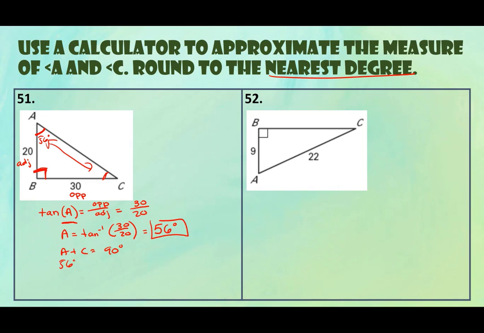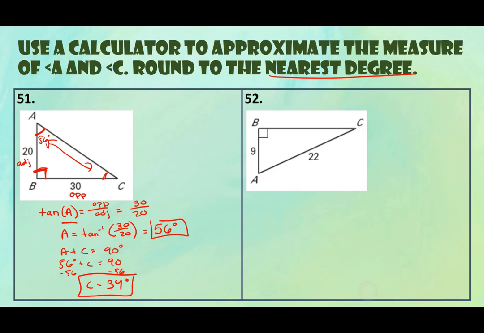And if A is 56 degrees, we can just solve for C. We can subtract 56 from both sides, and we'll get 34. So you could do trig twice, but you don't have to. You could just use this angle triangle theorem here.